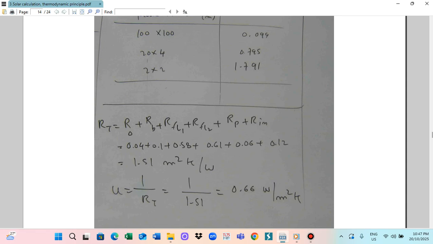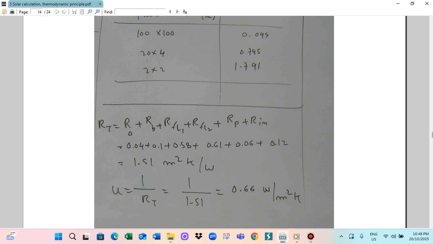Inside air gap is RFL1, this air gap, and also RFL2, which is also an air gap. And also the R plaster, so R plaster is RP. For the inside air, you can use RI.